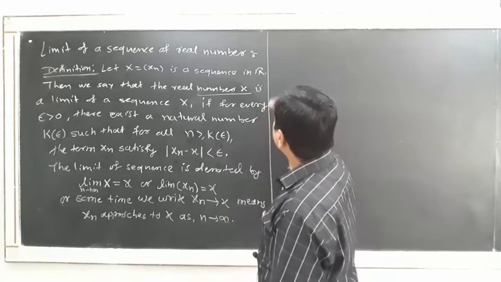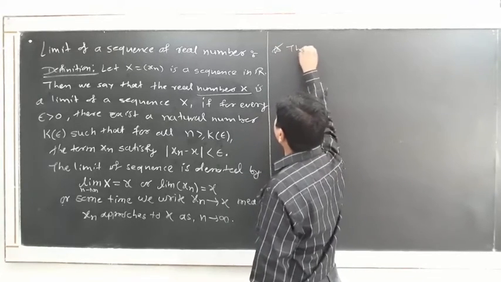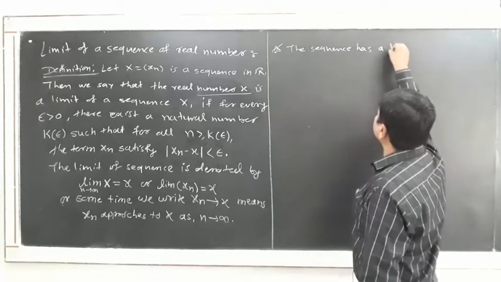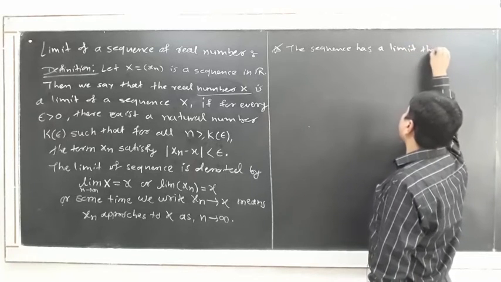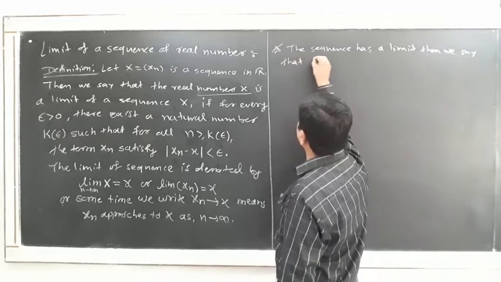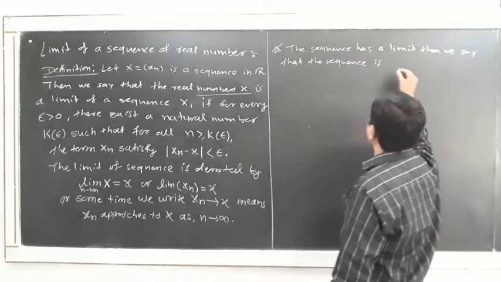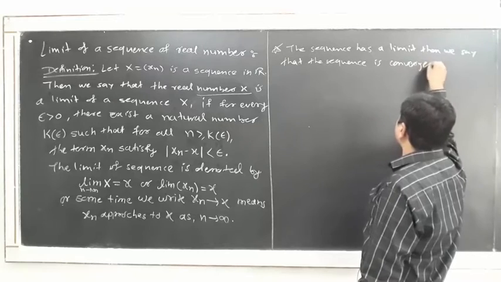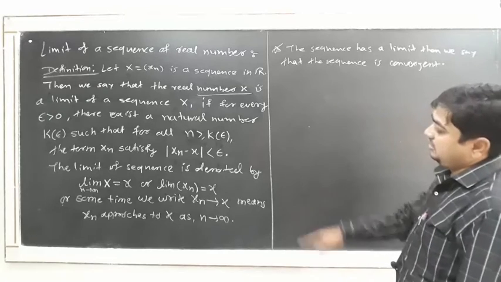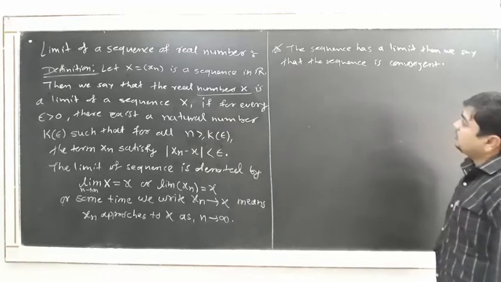Okay, the next point we have to keep in mind is the convergent sequence. If the sequence has a limit, then we say that the sequence is convergent. That is, we have a sequence X = (xn); when is it convergent?